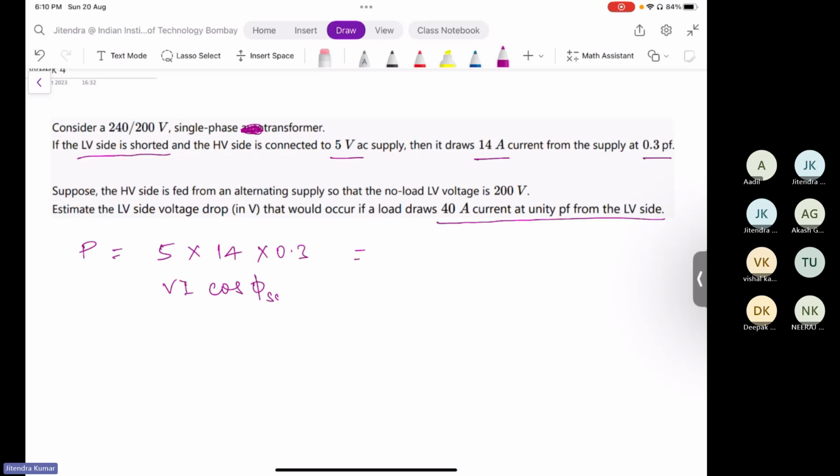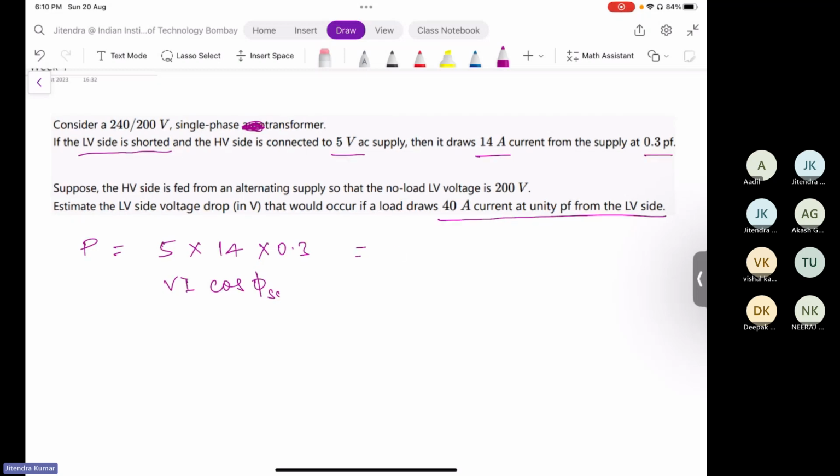Now it will come out to be, let me compute, 14 into 5 into 0.3. It is 21 watt. Power we have computed, and whatever power at this rating we are getting here should be equal to I square R losses, right?